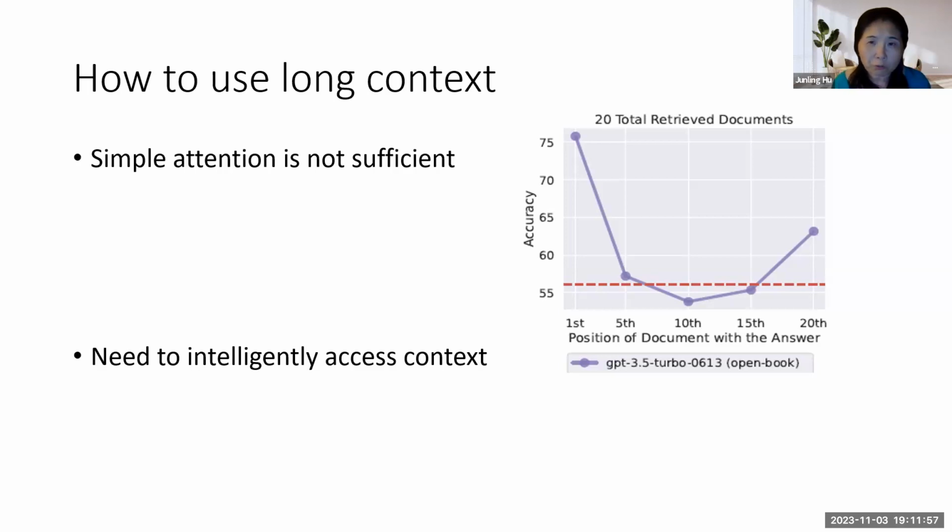If it's located in the first document, your answer accuracy is pretty high, but it decreases dramatically, because when you retrieve, you rank by relevance, the similarity score between the query and the retrieved documents. If the rank of your actual answer is after 5 or 6, you get very poor performance. What's interesting is that if the rank drops close to the bottom, the accuracy actually goes back up.